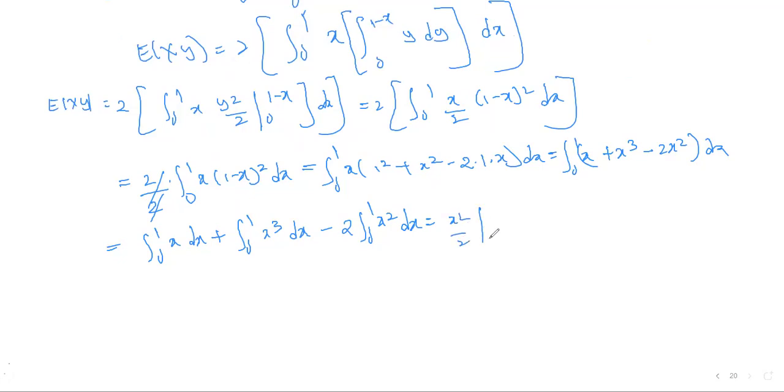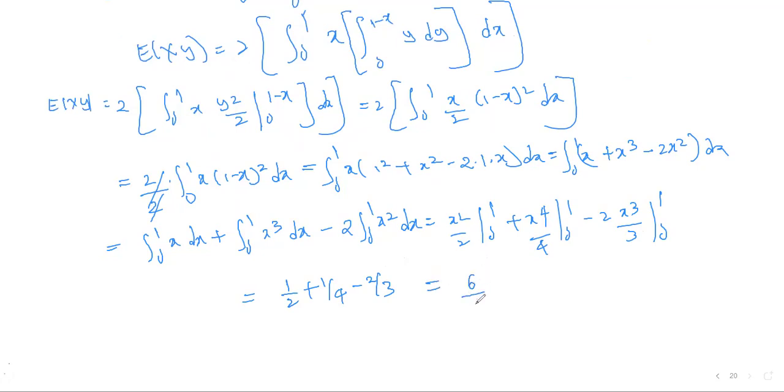So x square by 2, 0 to 1, plus x power 4 by 4, 0 to 1, minus 2 as it is, integration of x square is x cube by 3, 0 to 1, right? So here 1 by 2 plus 1 by 4 minus 2 by 3. 1 by 2 plus 1 by 4 is nothing but 6 by 8, minus 2 by 3.